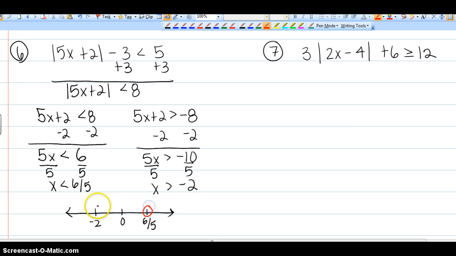They're both going to be open circles. X is less than 6/5 would go to the left. X is greater than -2 would go to the right, so this is an overlap. And that means what we want, our answer, is this part here where they shade together. So this is an and.